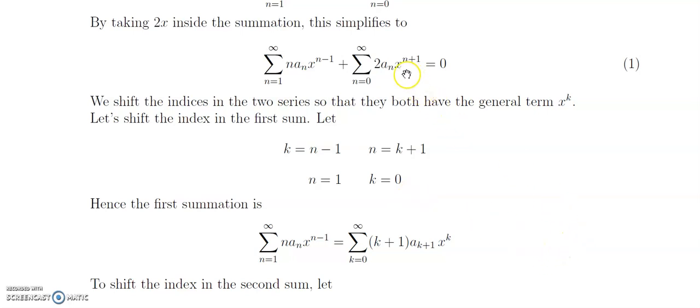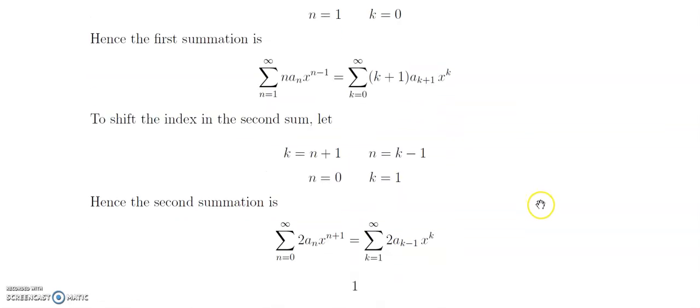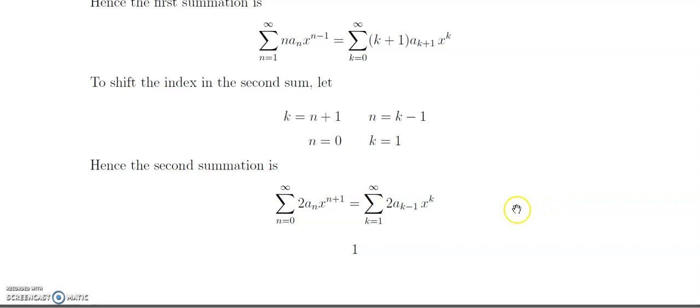Alright, now for the second summation, we want this general term to be x to the power k, so we will let k be n plus 1. We solve for n equals k minus 1. And the second series starts at n equals 0. If n equals 0, k would be 0 plus 1, which is 1.